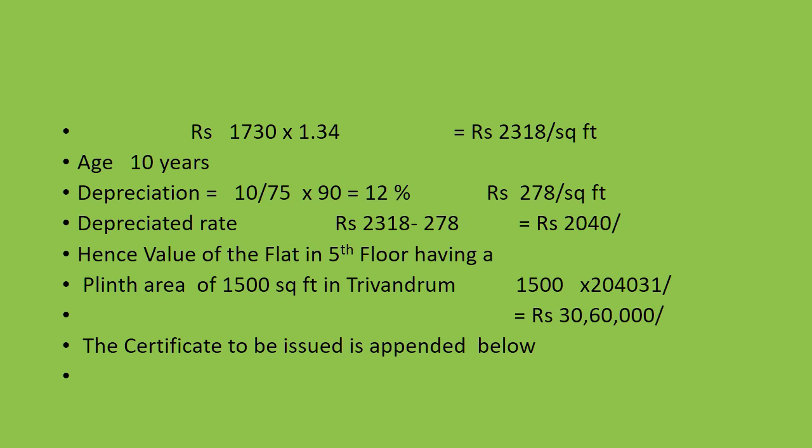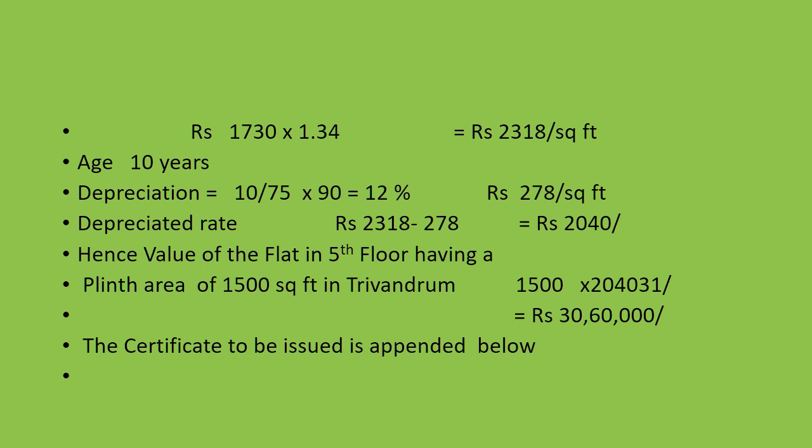Which works out to rupees 1,730 into 1.34 is equal to rupees 2,318 per square feet. This flat is about 10 years old, so necessary depreciation has to be effected.